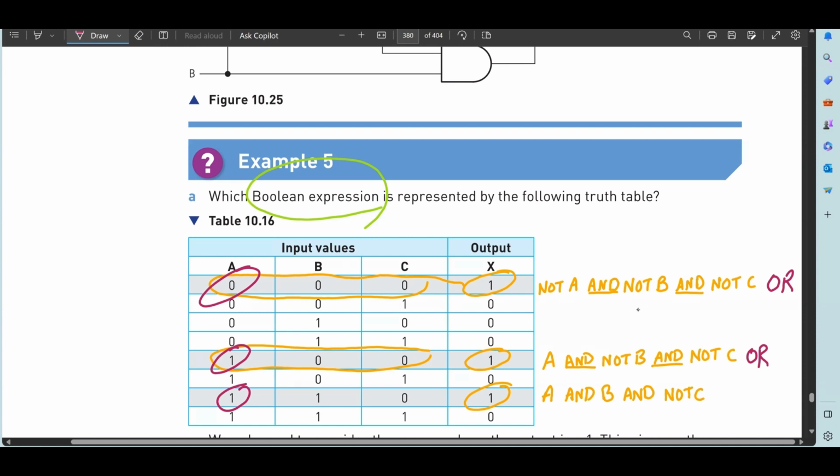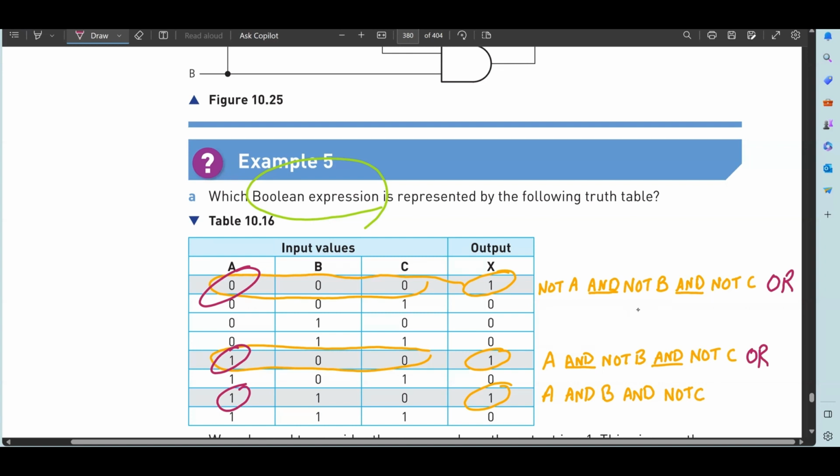The first one comes on a fixed combination of input, which is not A and not B and not C. There is a compulsion of all these three inputs to be in the same state. Once you come up with expressions for multiple ones, then you can say you can have an output of 1 from the circuit on any of these, but not of course all of them tried together at the same time.